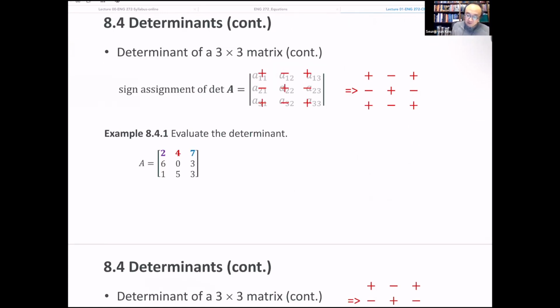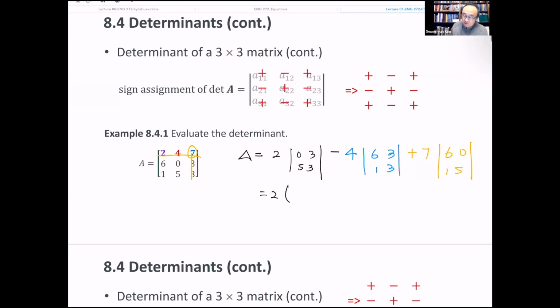So find the determinant of this A matrix. Delta equals, we're going to have 2, and then cross out, we have 0, 3, 5, and 3, and minus 4 and 6, 1, 3, 3, and then 7, 6, 0, 1, 5.